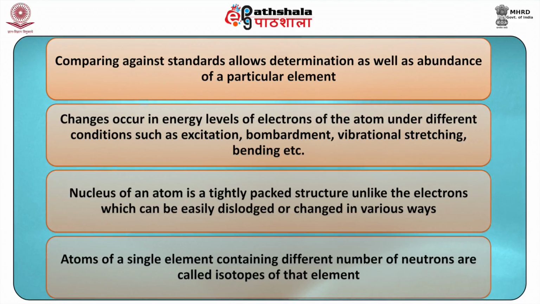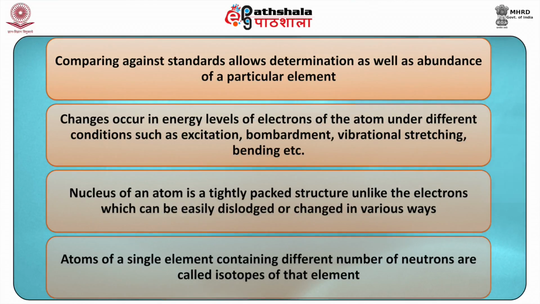The nuclei of atoms of a given element always contain the same number of protons. However, the number of neutrons in an atom of the element may vary. We also know that the nucleus of an atom is a tightly packed structure, unlike the electrons, which can be easily dislodged or changed in various ways.